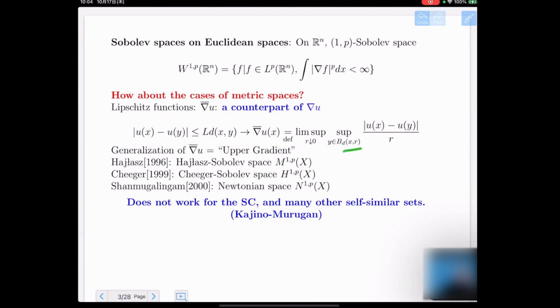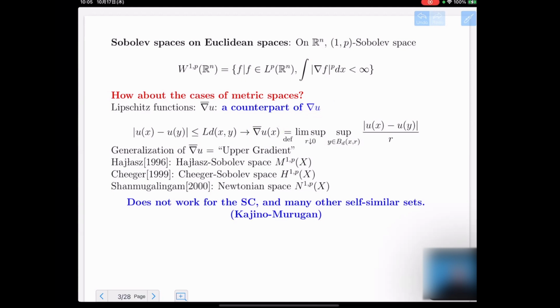Think about a ball with radius r, take this value divided by r, take a supremum all over the ball, and take the limsup as r goes to 0. This is a kind of local Lipschitz constant, and it is a counterpart of |nabla u|.